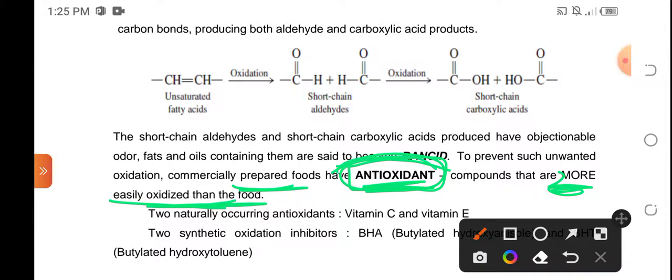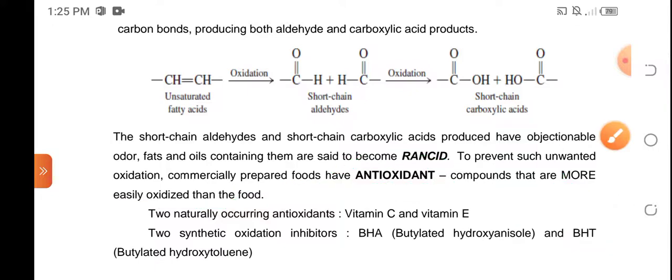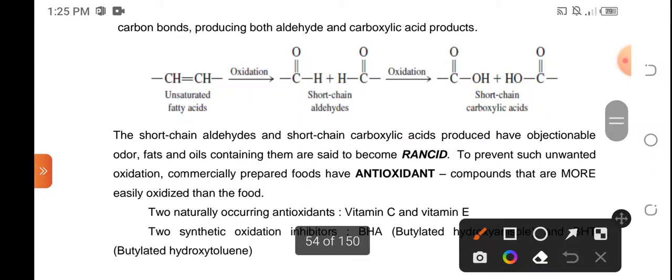So, they prevent oxidation from happening in the food where they are applied. Pero it does not mean na hindi sila na-oxidize. Actually, yung antioxidant, sila ang easily oxidized. Sila ang na-oxidize rather than yung prepared food kung saan sila dinagdag. So with that, dahil sila ang na-oxidize, na-protect nila yung food. Instead na yung food ang ma-oxidize, sila yung na-oxidized.